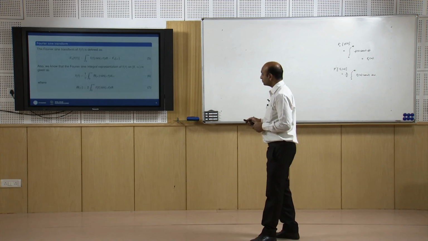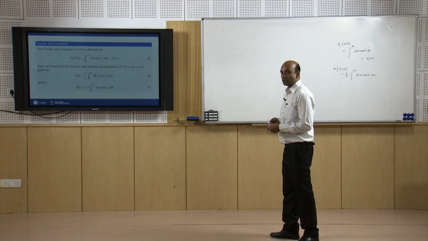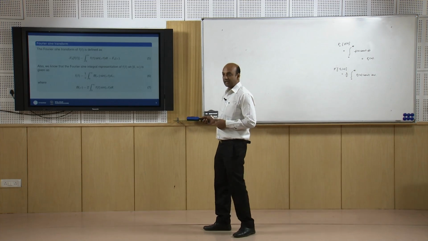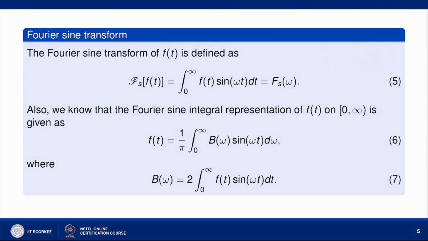Okay. Now, similarly, if we define the Fourier sine transform, the Fourier sine transform is given by the integral from 0 to infinity of f(t) sin omega t dt, which we denote as F_s(omega), and it comes from the Fourier sine integral representation of f(t), because we know that the Fourier sine integral representation of function f(t) is given by this expression where B(omega) is this.